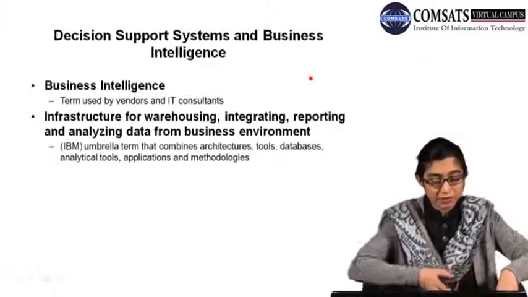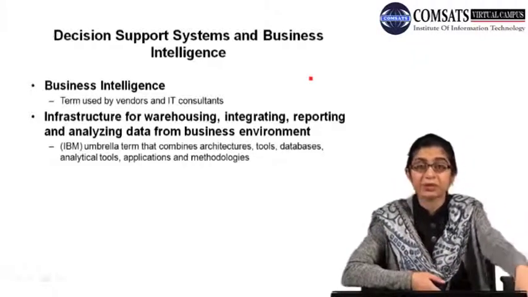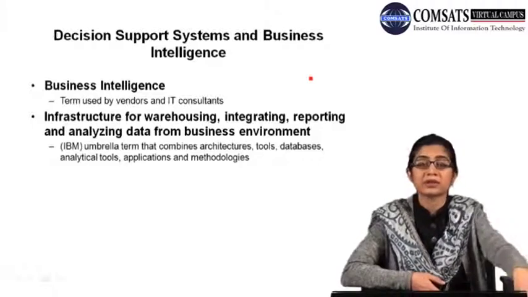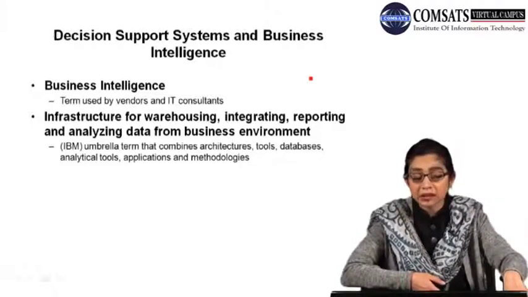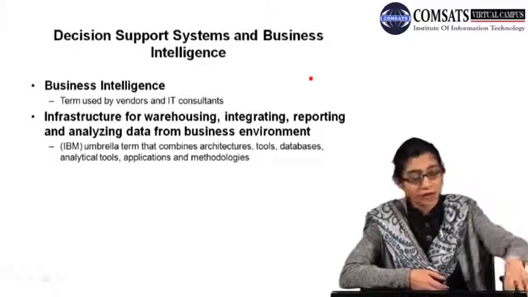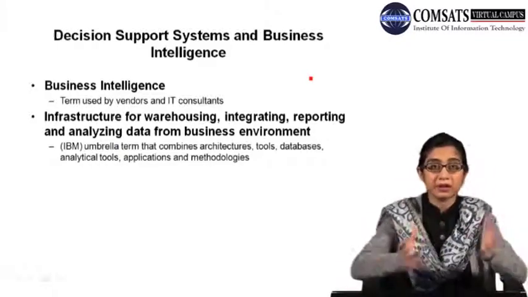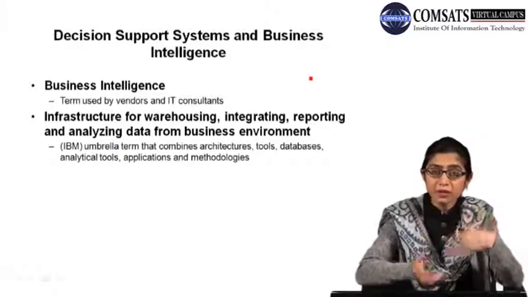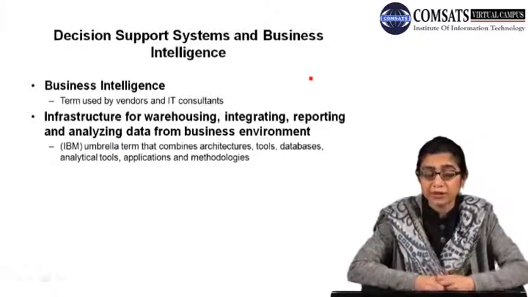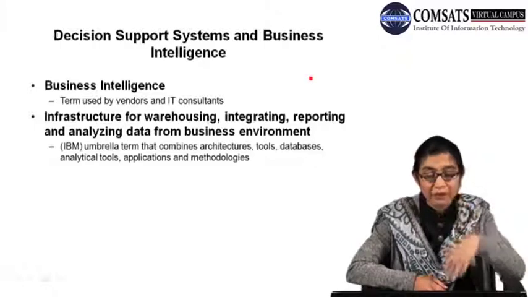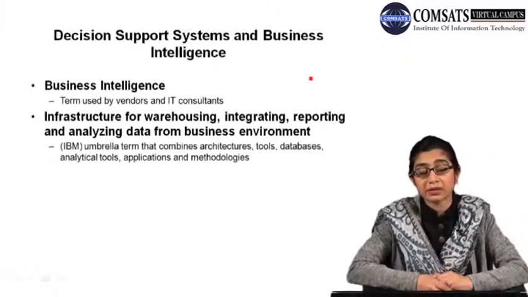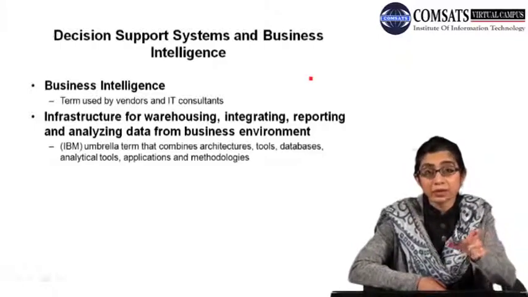Infrastructure means that you have different kinds of hardware, software, databases, all these kinds of tools and techniques for warehousing, for integrating different kinds of data, for better reporting, and for better analyzing of the data that they take from the business environment. IBM, for example, gave a definition of business intelligence.